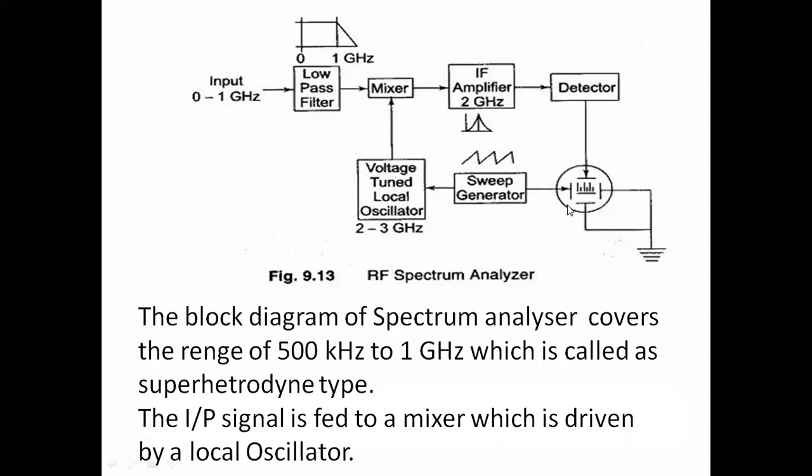So for the obtained graph, the frequency on the x-axis is produced by the sweep generator, and the output of the detector is applied to the vertical plates, which produces the magnitude or amplitude of that particular frequency component.